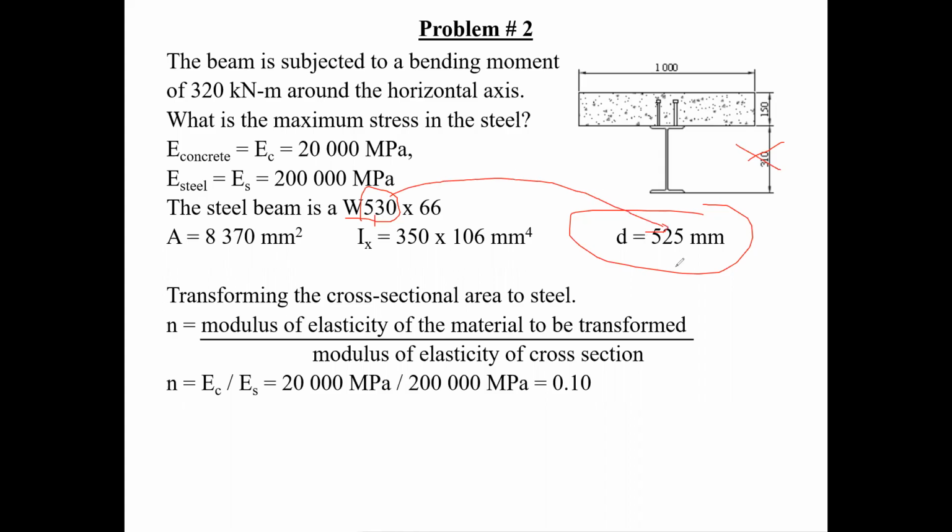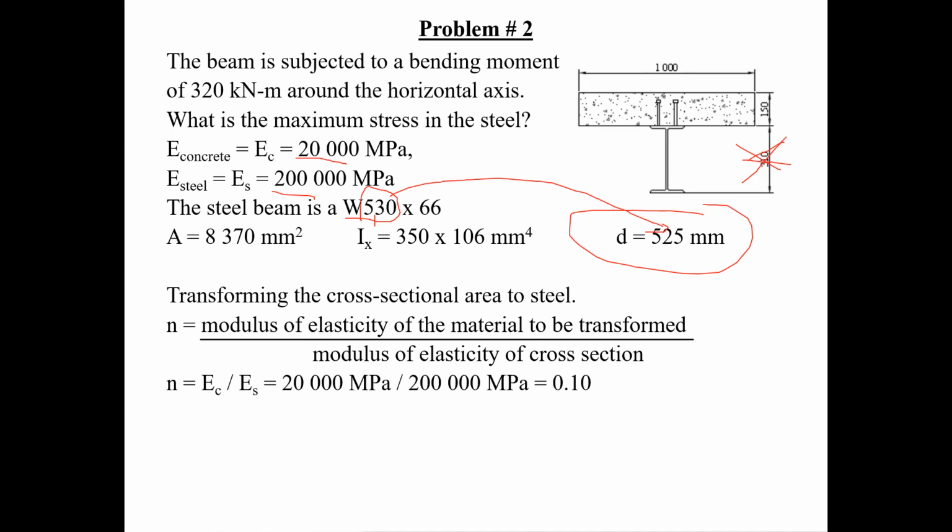It is actually 525. So it's not 320. That was a typo, because this is 200, and I made a typo here. I wasn't noticing, so I used 310. I apologize for that. Like I said, that's a mistake.